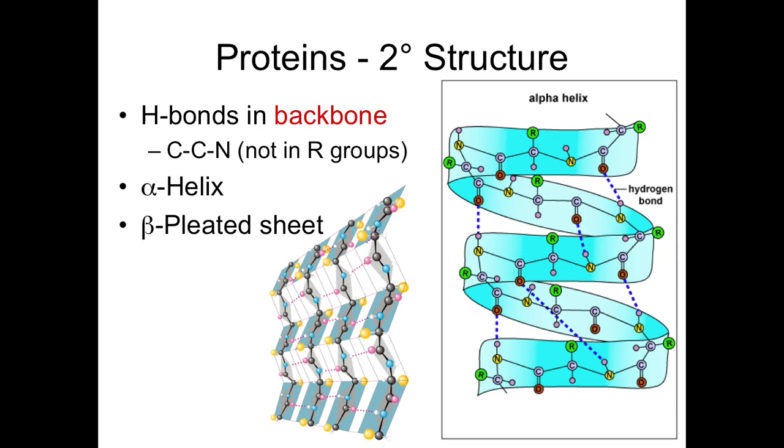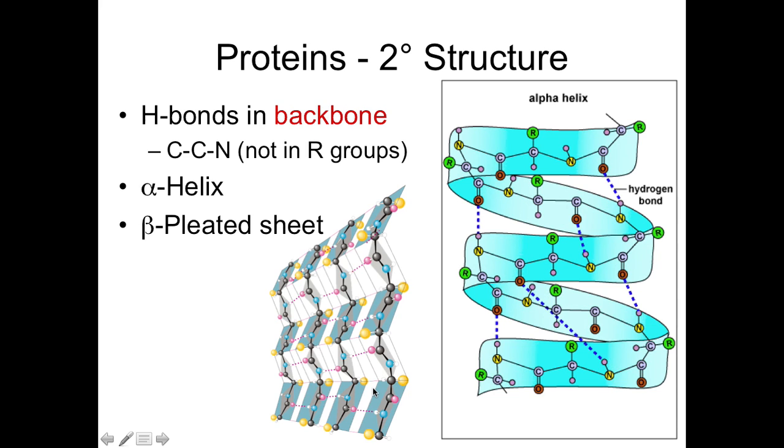So beta-pleated sheets are a little bit flexible, but they always involve hydrogen bonds between the oxygen on a carboxylic acid and the hydrogen on an amino group. And that's going to be in neighboring portions of the beta-pleated sheet.